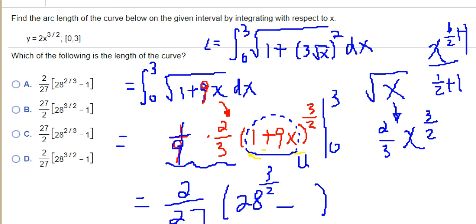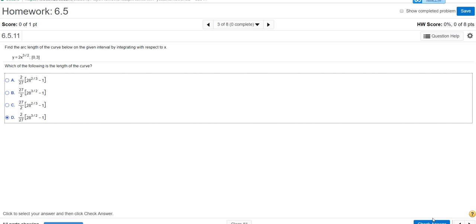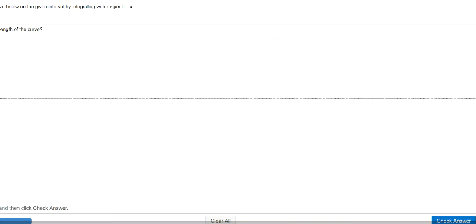When I plug in 0, it'll just give me 1. So I check, and this one is my option for the problem. I'll pick the d. This is supposed to be right.